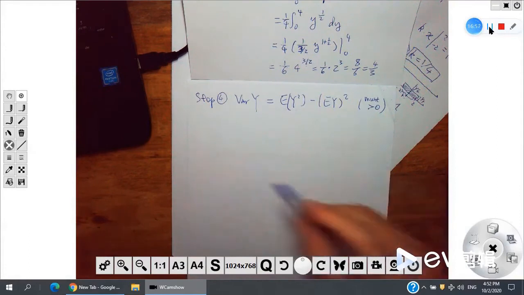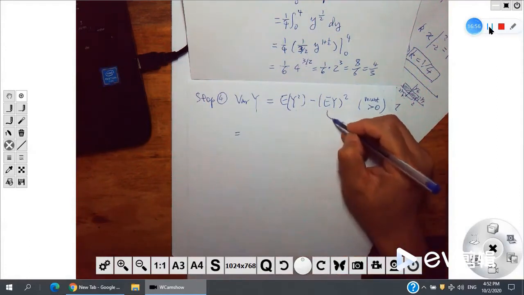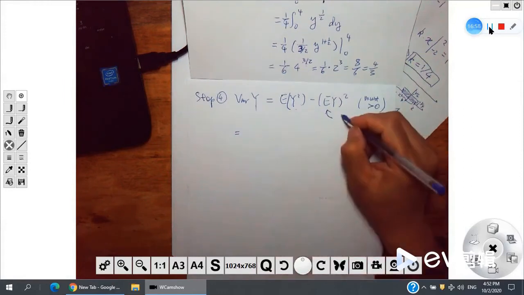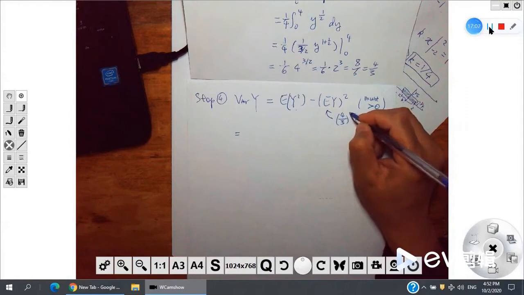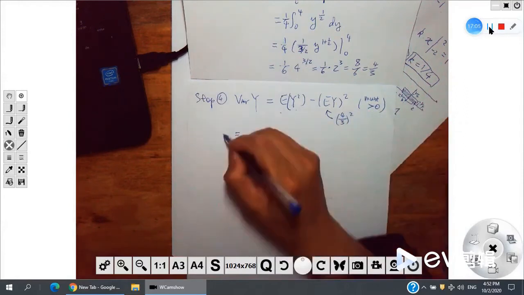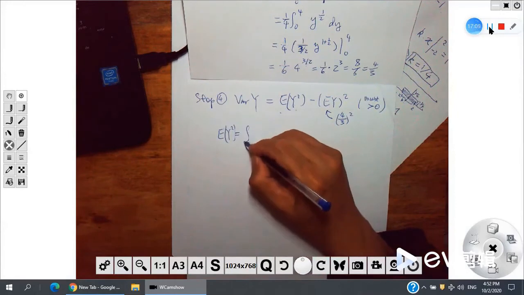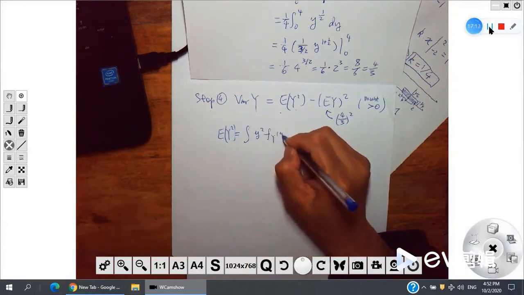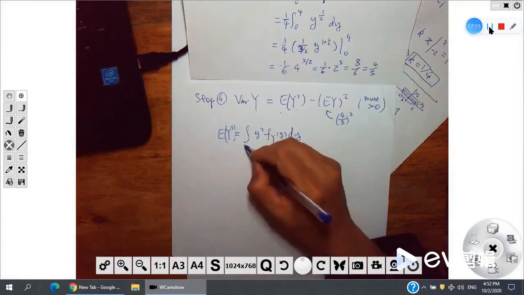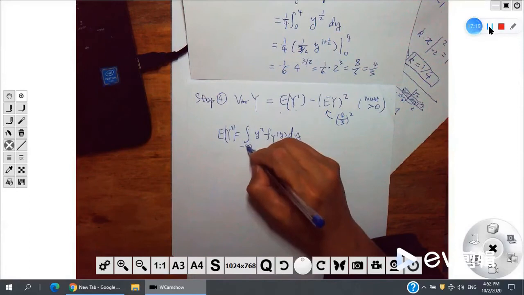All right. So this one we know, right? E of y is 4 over 3, squared. And what is this? We calculate this firstly. E of y squared. So this is the integral of y squared times the density of y, dy, and y runs from negative to positive infinity.